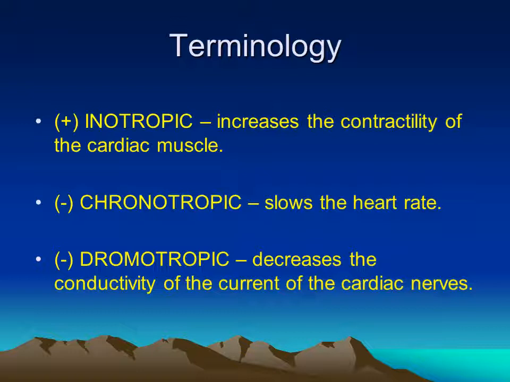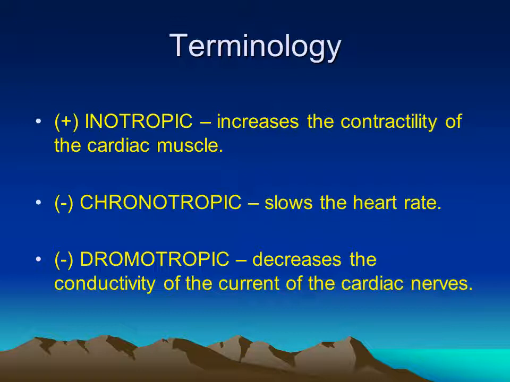In the next group of drugs, we need to know the terminology. The terminology is, first of all, by definition, inotropic, increases the contractility of the heart muscle, chronotropic, changes the heart rate, and dromotropic, changes the conductivity of the current in the cardiac nerves.